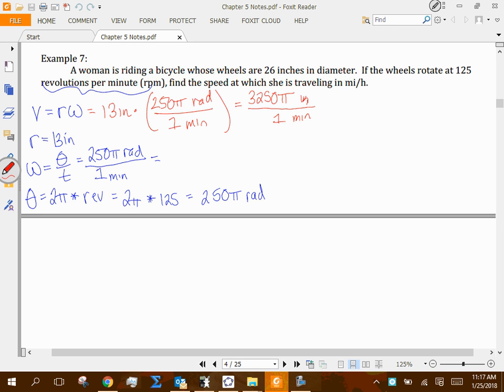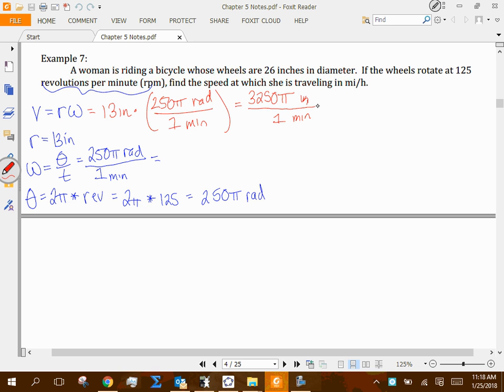So, it's probably better for us because of the units that we use on a regular basis and how they affect us in life to change this to miles per hour just to get a gauge of how fast this thing is going. If you lived in Canada, you'd probably put it into kilometers per hour, right? Because of the units that they use.